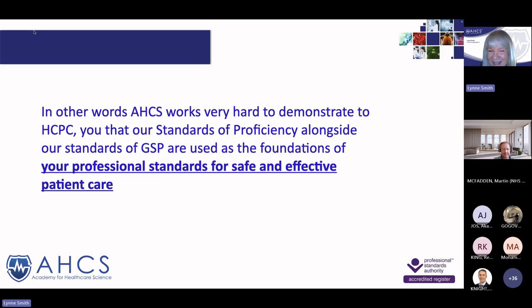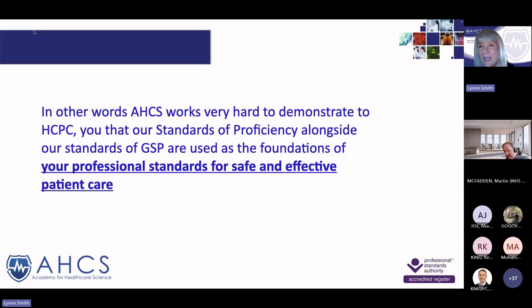So in other words, the Academy works really, really hard to demonstrate to HCPC that our standards alongside GSP are used for the foundation of your professional standards and for your safe and effective patient care.